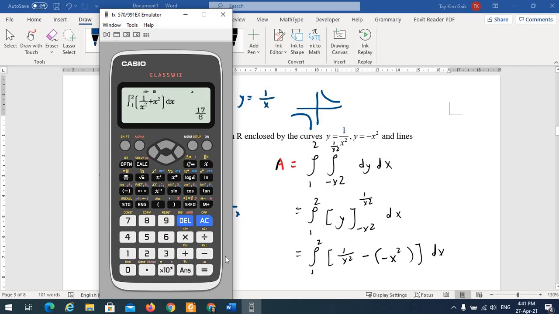The answer, sometimes it gives you fractions, sometimes floating point. This time you get the fraction 17 over 6.